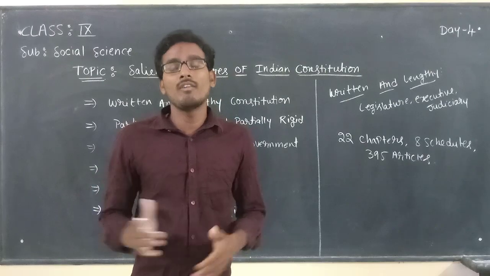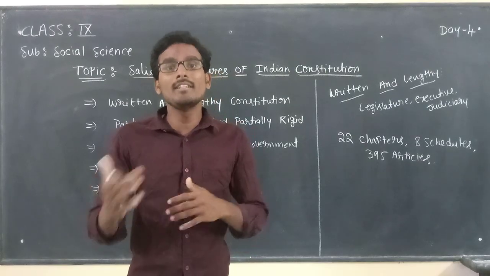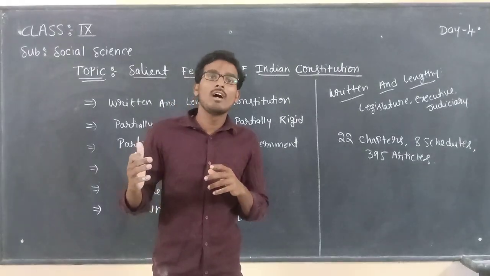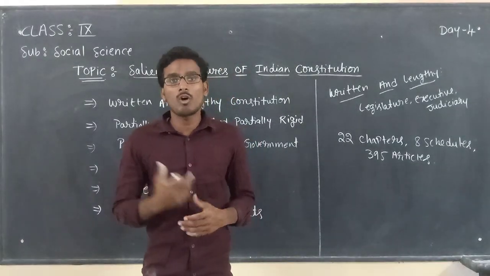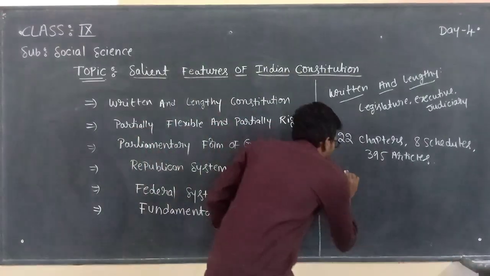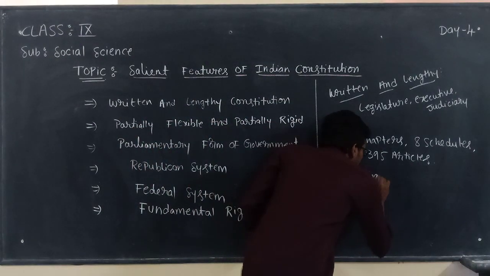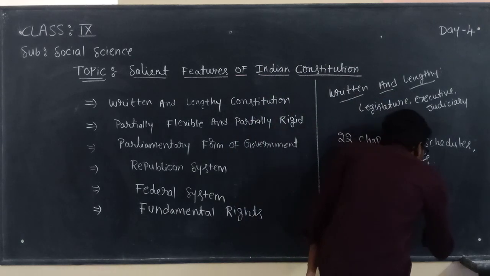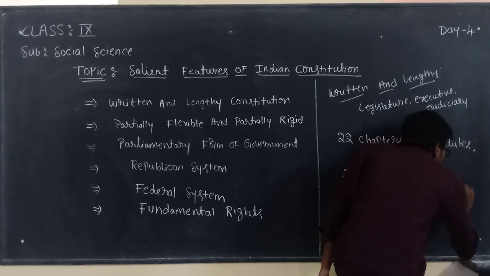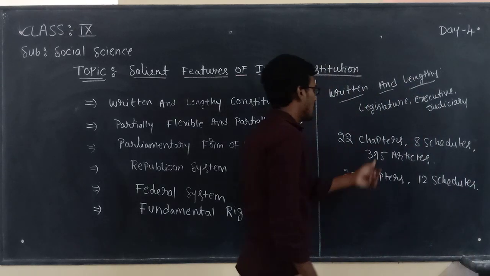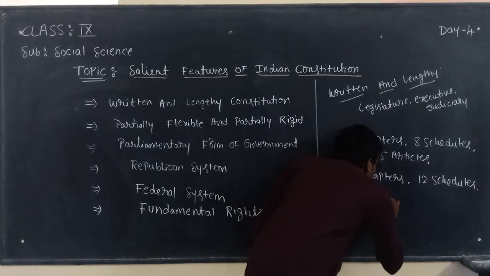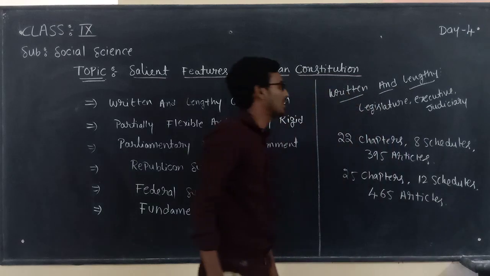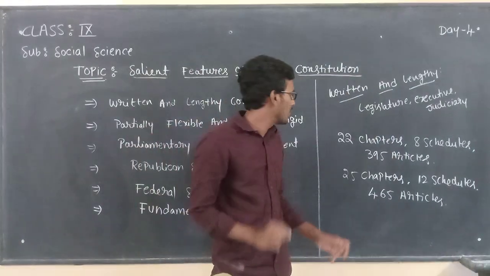After a lot of amendments, meaning changes, took place in our constitution, at present we have 25 chapters, 12 schedules and 465 articles. Remember carefully here, listen carefully.